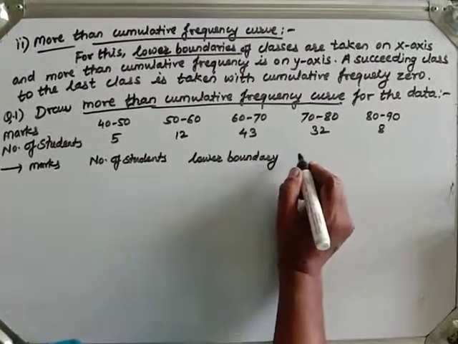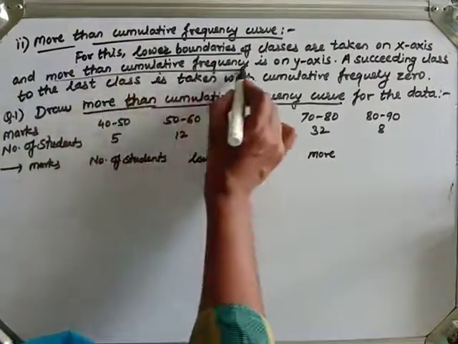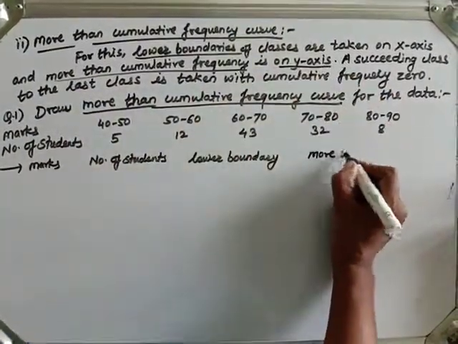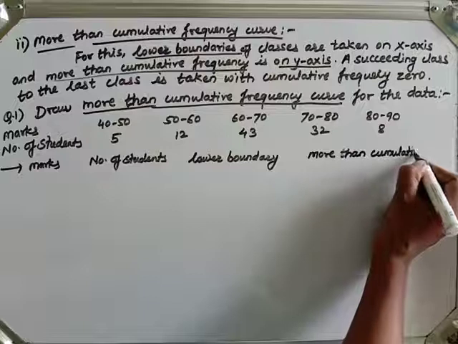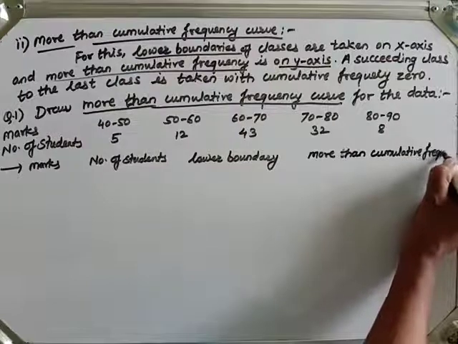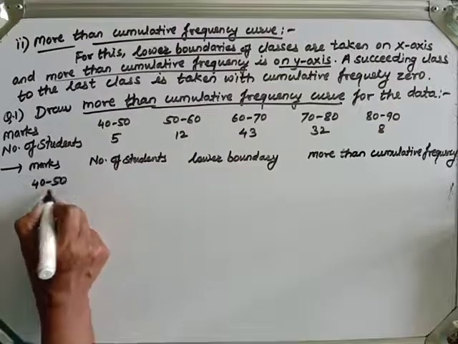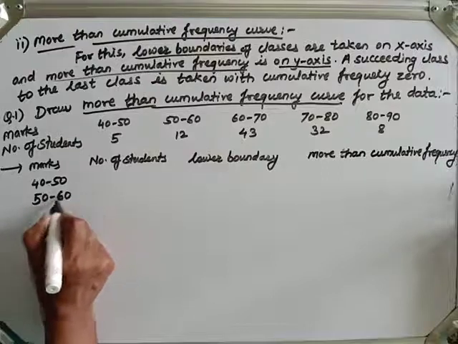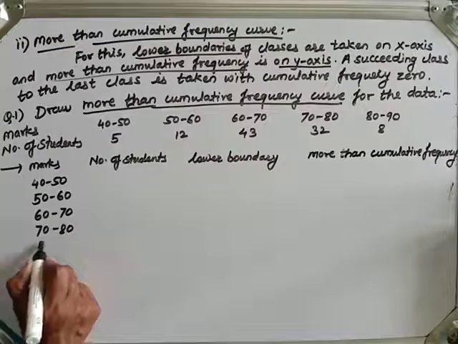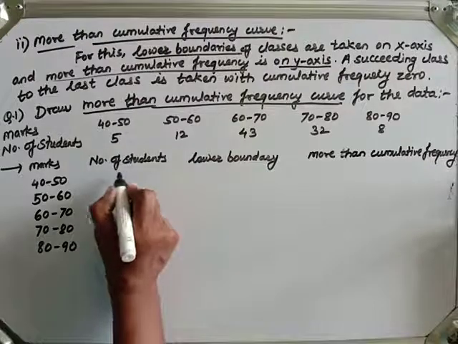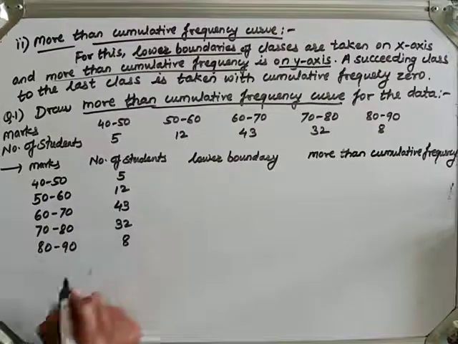And the next one, more than cumulative frequency, we have to consider on y-axis. So marks 40 to 50, 50 to 60, 60 to 70, 70 to 80, 80 to 90. The corresponding frequencies are 5, 12, 43, 32 and 8 respectively.